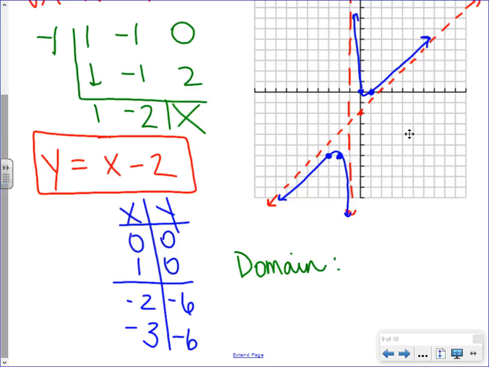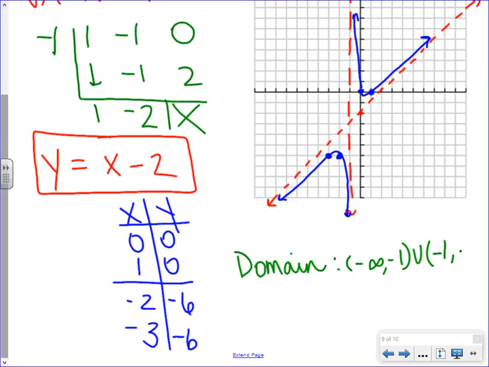Will, what's our domain? -infinity to -1. And then -1 to... What do you think?